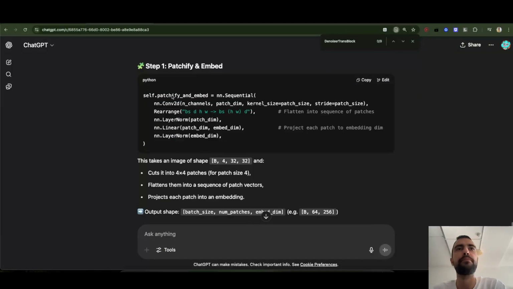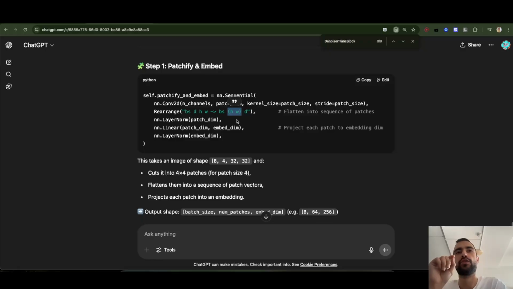So first this patchify and embed. It's NN sequential. It has conv 2D. It has this rearrange to flatten into sequence of patches. So you see here batch size and then D here, and H W will just be grouped. So it's a sequence, it's flattening.